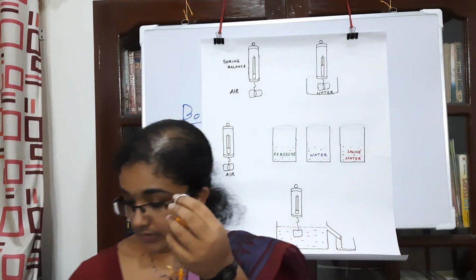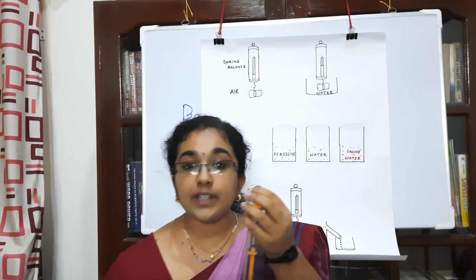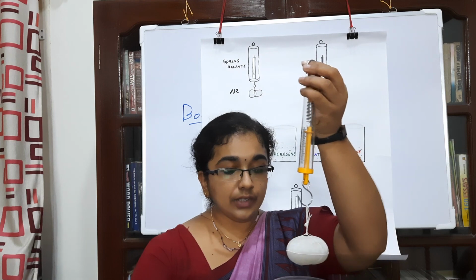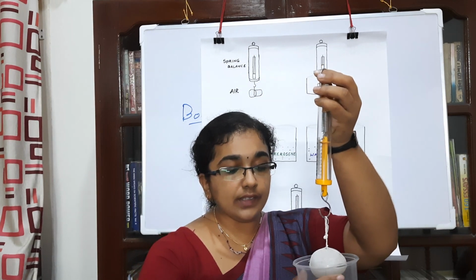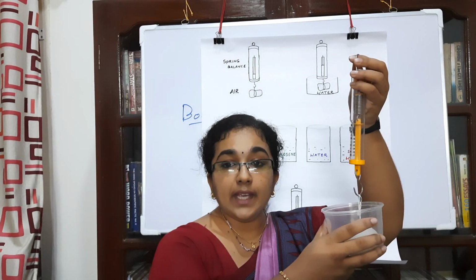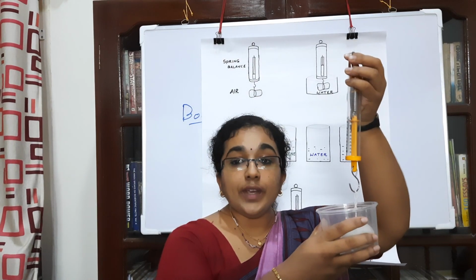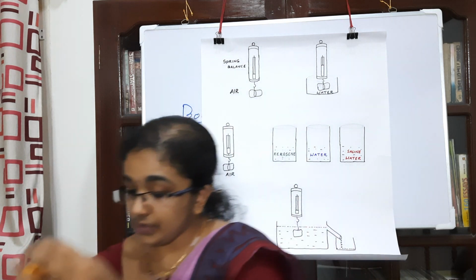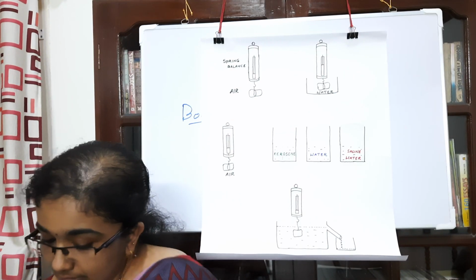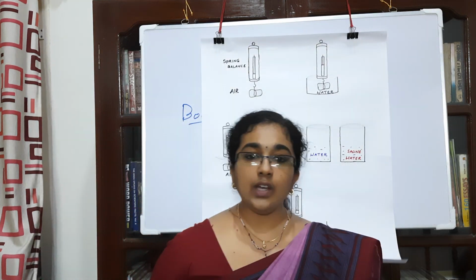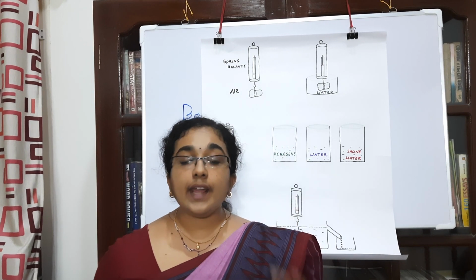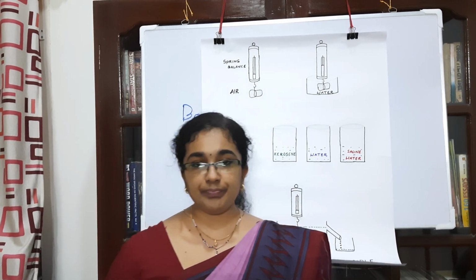By taking a container containing water, you can immerse the stone in the container, and by that you will be able to measure the weight of the stone when it is immersed in water. And after that you have to record the data in a table.